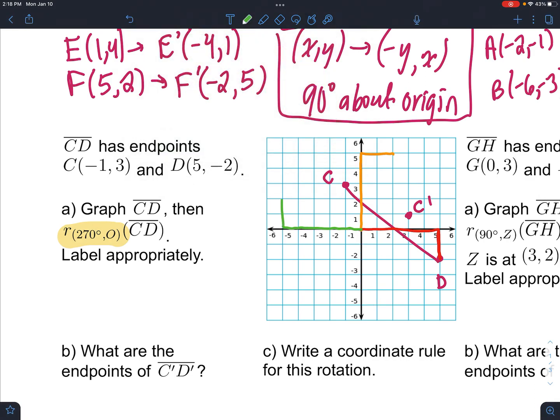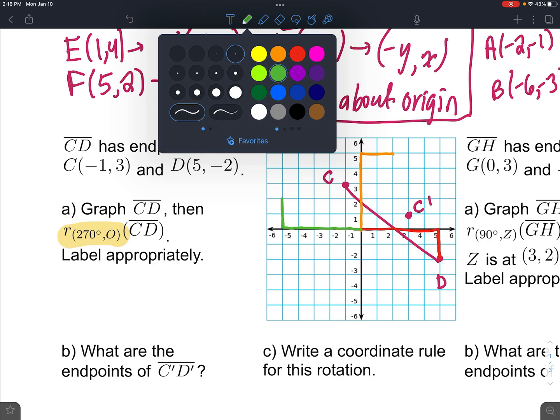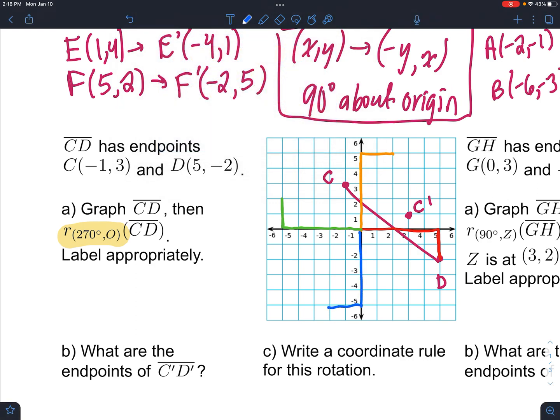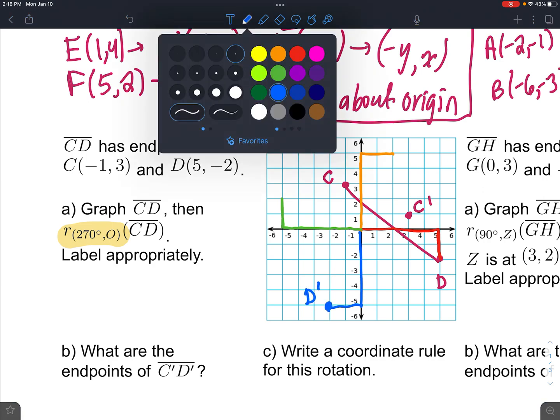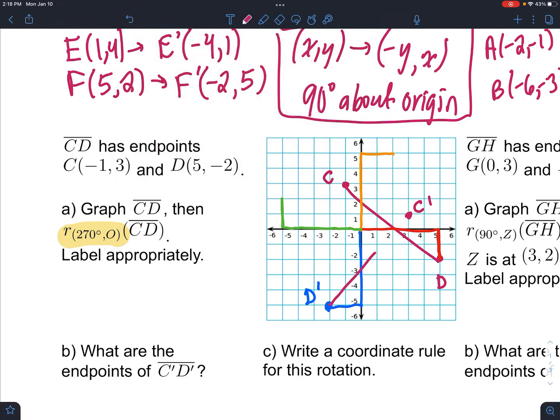I messed up, didn't I? It's 5 and 2, but it goes up this way. And the blue goes down here and over here, right? So anyhow, that is how this is going to rotate, and this is going to be D prime. This one's kind of a lot, and it's really easy to get messed up on this. But you do see these are actually perpendicular, which is an after effect of this.